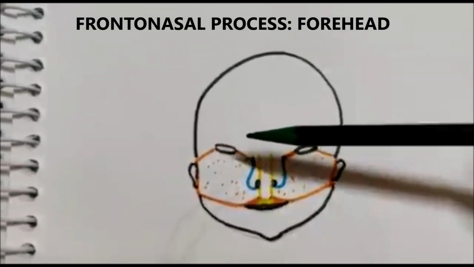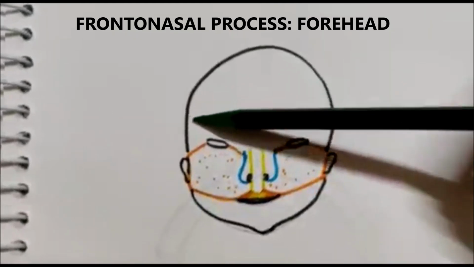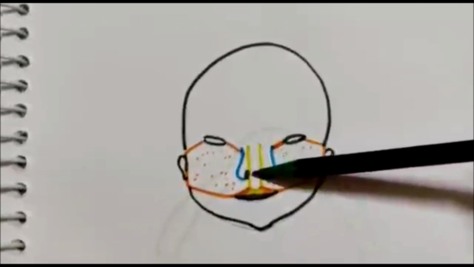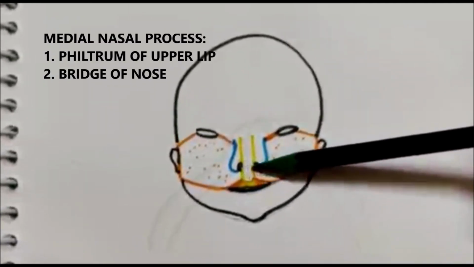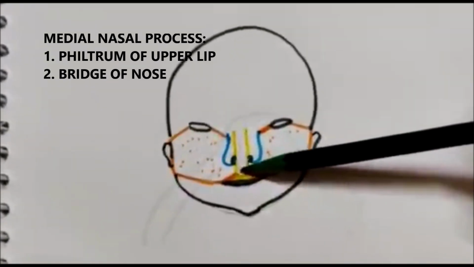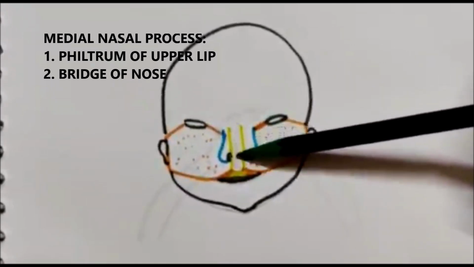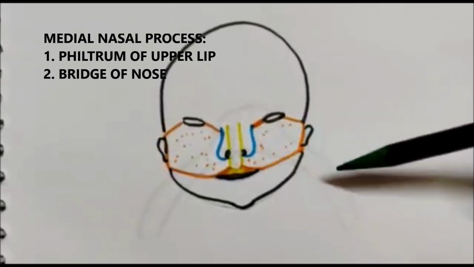So we can see the forehead area has developed from the frontonasal process, and the nose and the philtrum, this central portion of the upper lip is called the philtrum of the lip, have all developed from the frontonasal process. Or you can say this philtrum part especially has developed from the fusion of the two medial nasal processes.